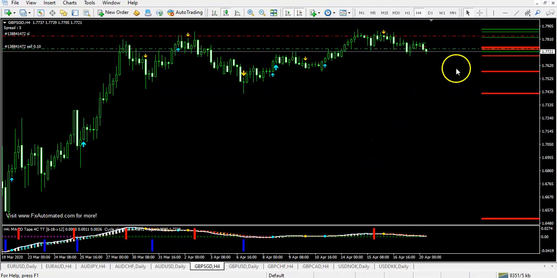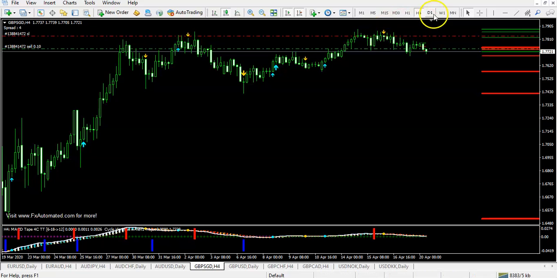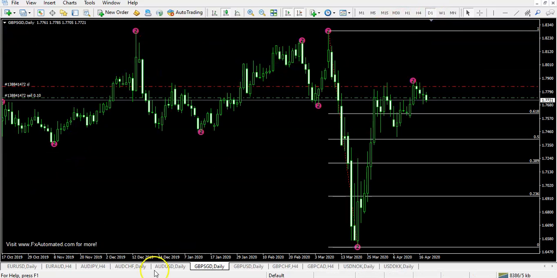So signals were in place. I placed a sell stop. It triggered. And there we go. Stop loss. If it bounces back, I lose 63 bucks on the demo.